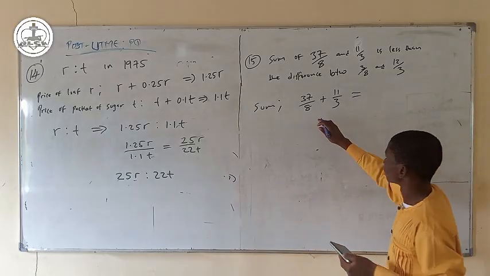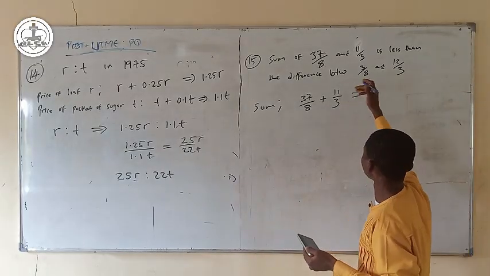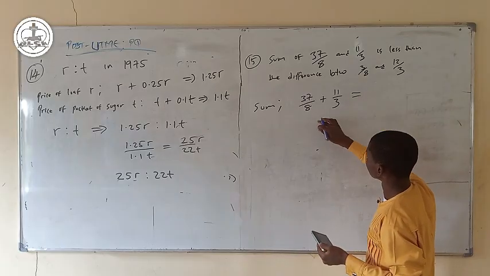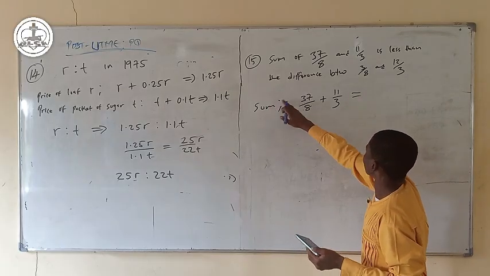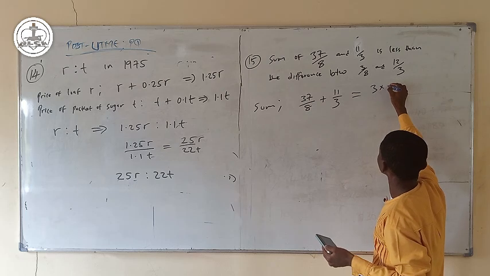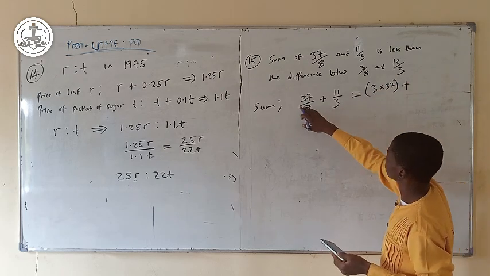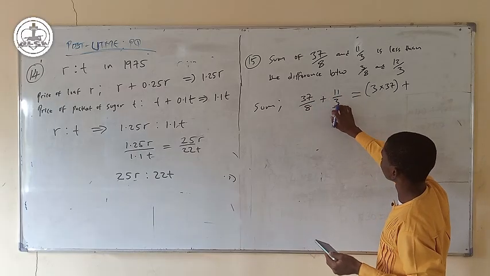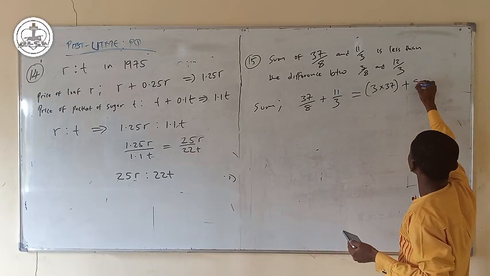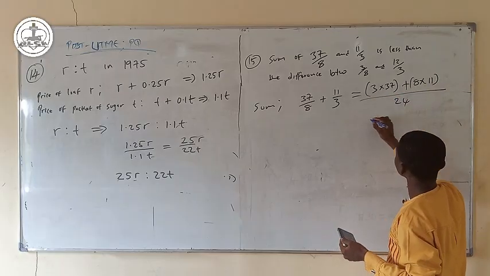What will this give us if we resolve it? If we carry out our LCM, 24, we have 3 multiplied by 37, plus, multiplying into our LCM, 24 divided by 3 gives 8, 8 multiplied by 11, all divided by 24.